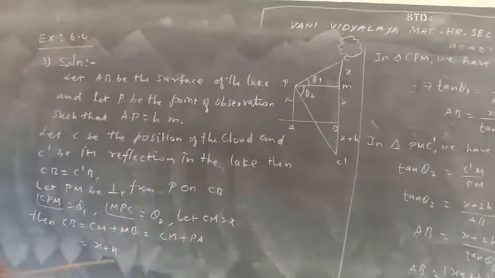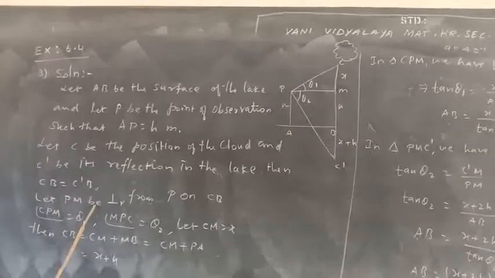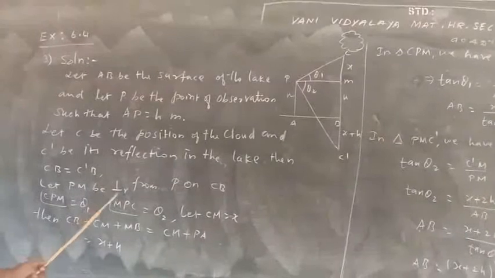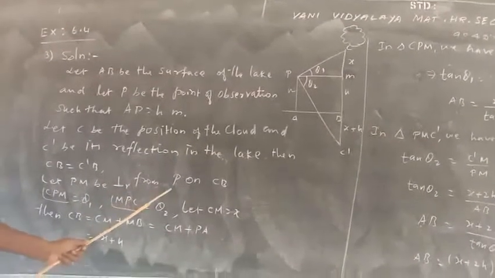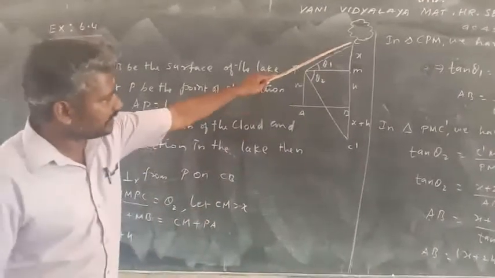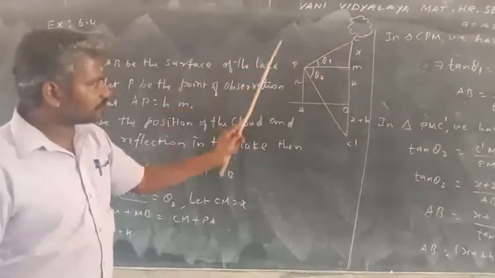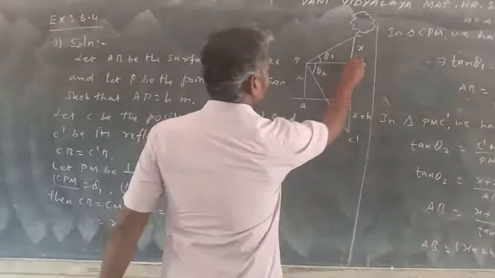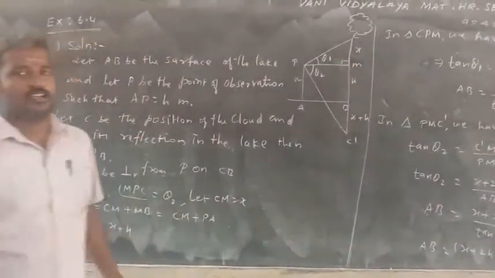Clear? Now let PM be the perpendicular from P on CB. These two lines are perpendicular.